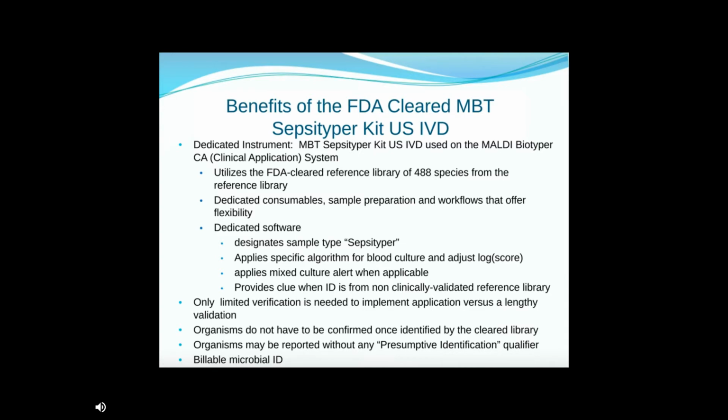So now we don't have to use the word presumptive ID anymore. We don't have to confirm the ID the next day when the organism grows. We look at it, and if the morphology and everything looks the same, then we know that MALDI identified it correctly. We now have an algorithm, and there's new software dedicated to this new kit that we'll go over in some slides ahead.